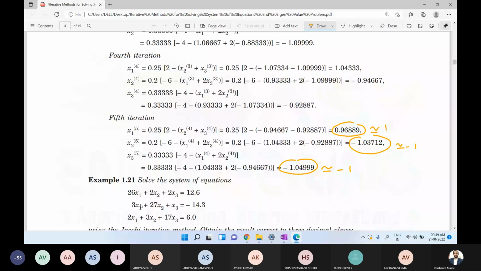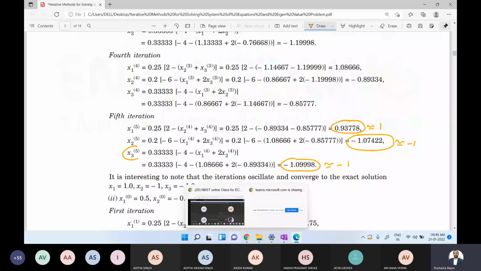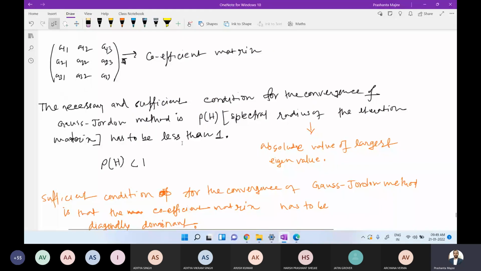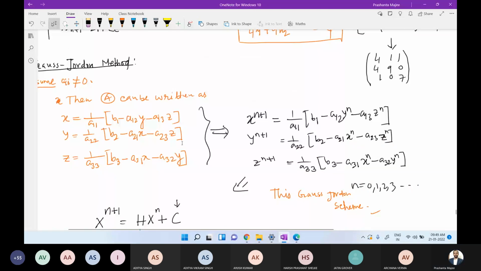Now, one disadvantage of this method is that we already have an updated value. You see, while calculating y, we have already updated the value of x n plus 1. x n plus 1 we already considered in the first equation. When calculating y n plus 1, the value of x used is the old one from the previous iteration in the Gauss-Jordan scheme. But you can use here the new updated value of x n plus 1.